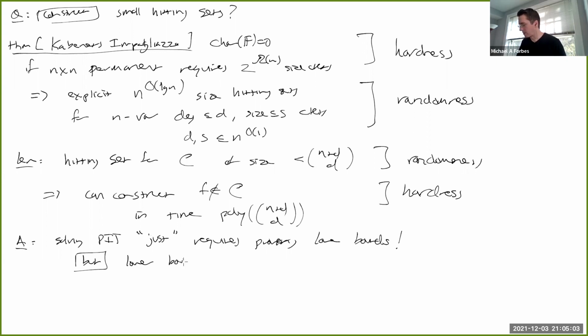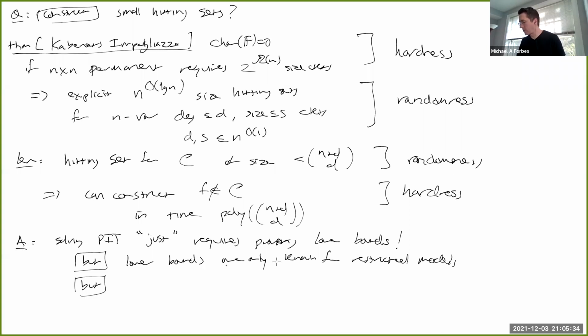Lower bounds are only known for restricted models, right? So we don't know that the permanent requires exponential size circuits, and that seems like a very difficult problem. And so obtaining polynomial identity testing requires lower bounds, and we only know lower bounds for restricted models. So just obtaining PIT with this connection might be difficult.